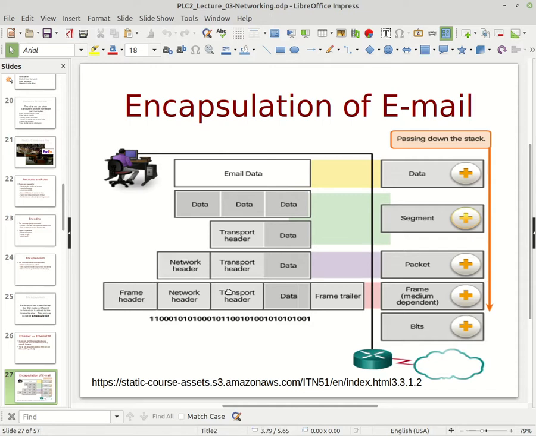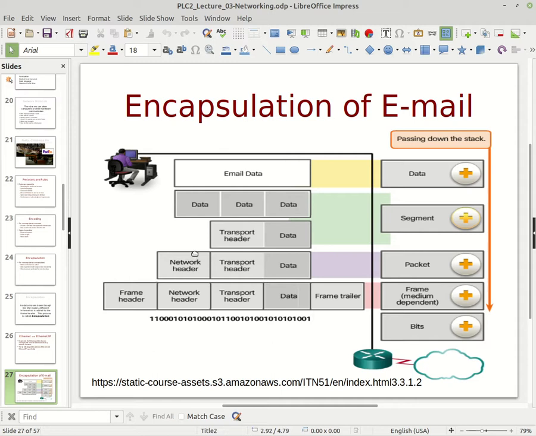All right. So let's consider you're going to send your letter not just down the road, but to somebody in the military who is overseas. The transport header could be considered the street address.